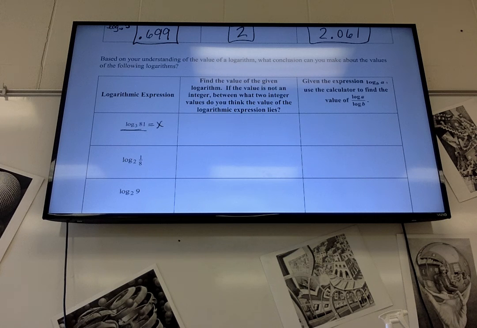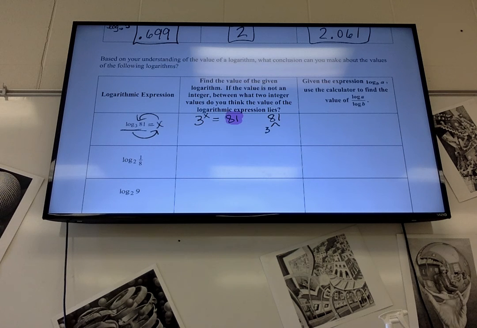And if we're doing it without a calculator, we're going to use the circle method.